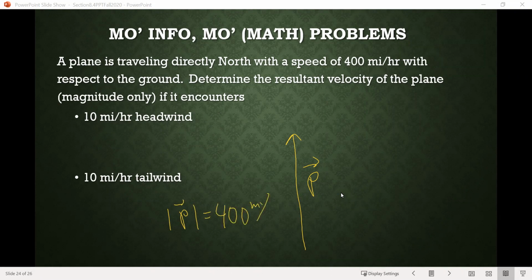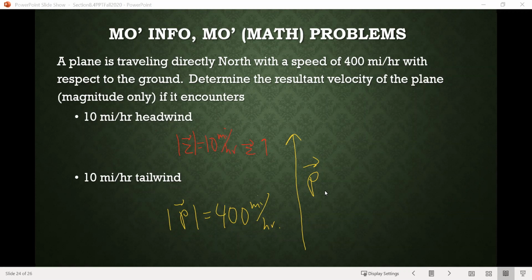Well, tailwind, again, if you think about that word tail, it means wind that's going to come from your tail, and it would actually be one that's going to help you along, right? So that's actually going to be a wind, a vector that I'll call Z in this case, that's going in the same direction as the plane. And in this case, it again has a magnitude of 10 miles an hour.